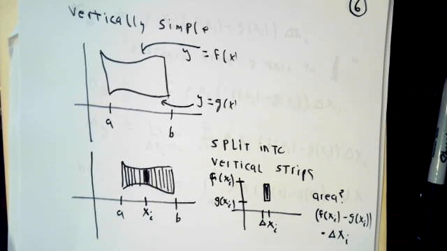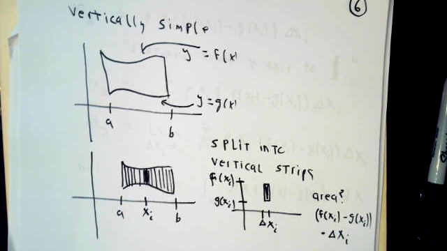We're going to call a region vertically simple if it's bounded on one side by the vertical line where x is a, on the other side by the vertical line x equals b, and bounded above and below by graphs of functions. I'll call the function above f, and I'll call the function below g.